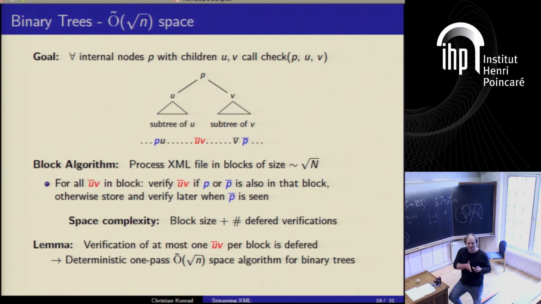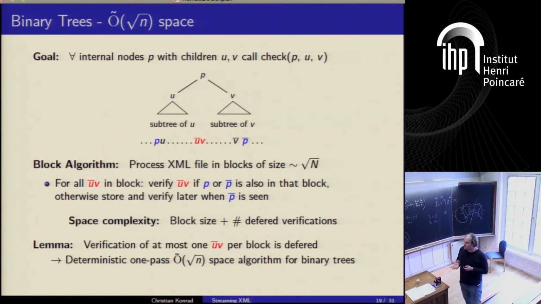So we will accumulate at most also square root of n elements that we have to validate later. This is very similar to the algorithm that we just saw for well-formedness. One difference is that this is purely deterministic, while the basic problem for well-formedness was a bit more complicated, where we needed a randomized way to deal with that.